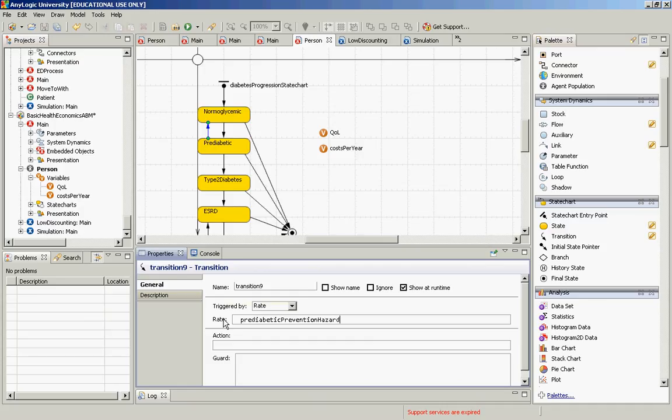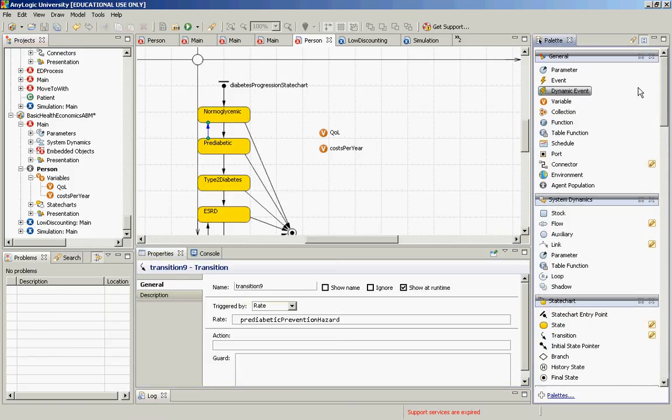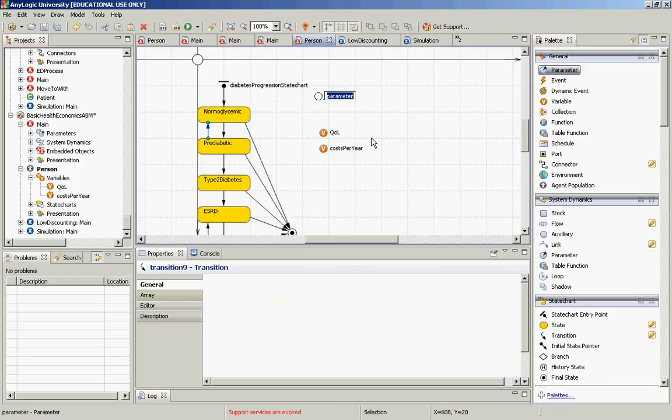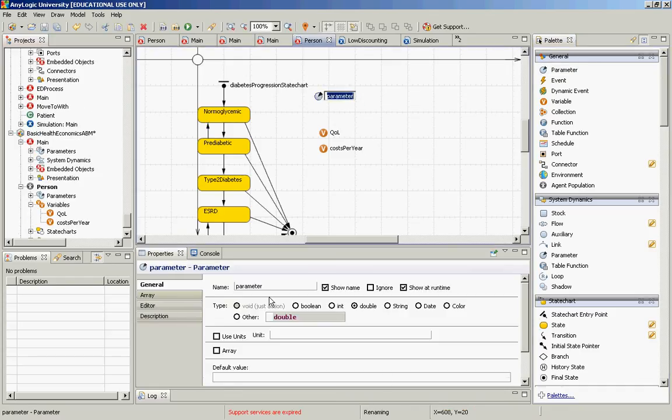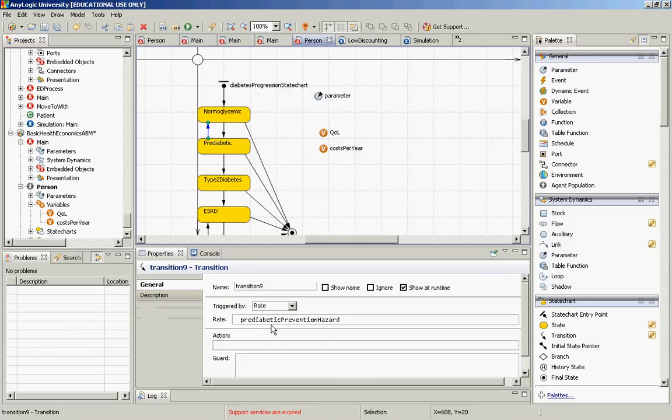And the idea is that maybe through some intervention we could prevent diabetes from occurring. Again, apologize for this, but we'll go and create a parameter now for this prediabetes prevention hazard.